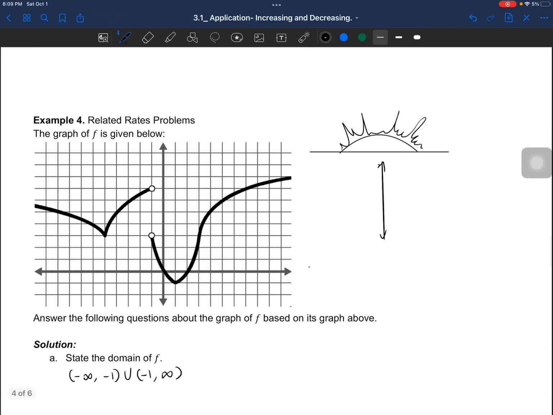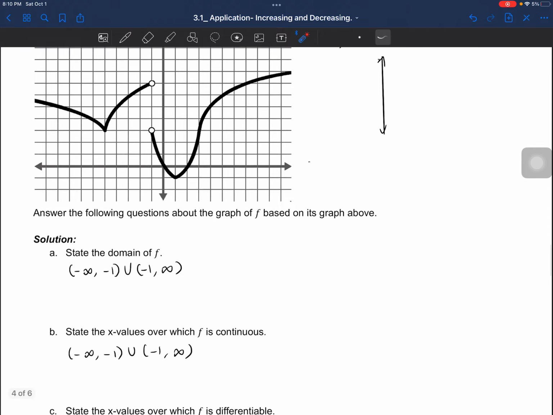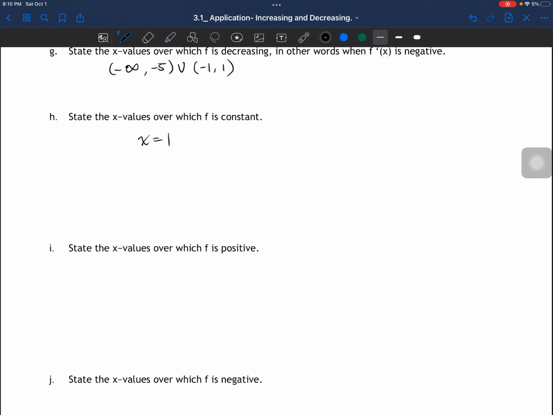And then now we're going to determine when the function is positive. So this is different, right? Because now we're looking at when the function is positive. Well, we see here the function is positive whenever it is above this line, whenever it's on this side of the line. It's negative if it's below the x-axis. So we can see that it's always going to be positive from negative infinity all the way to negative 1, and then from negative 1 to 0.